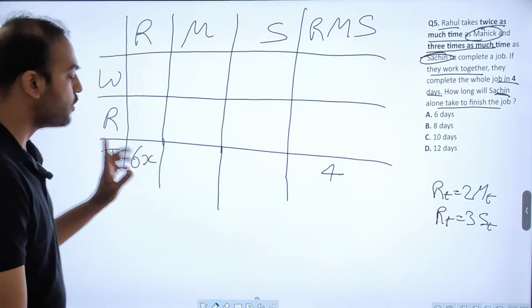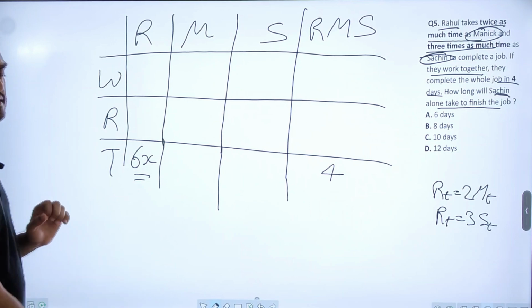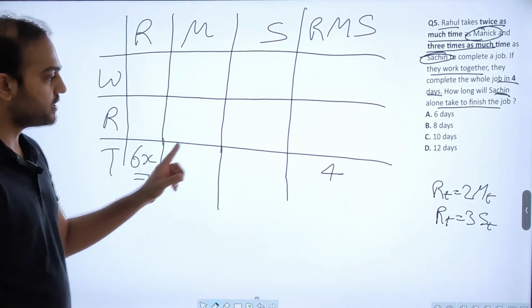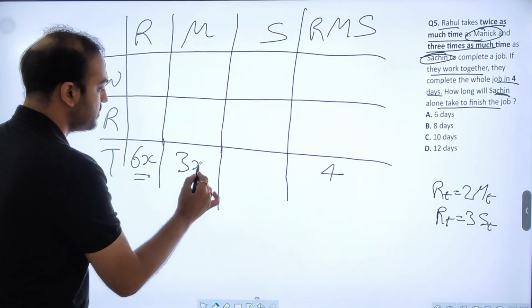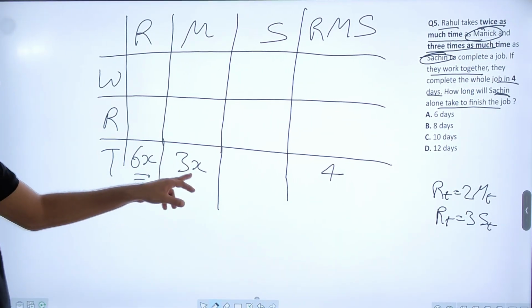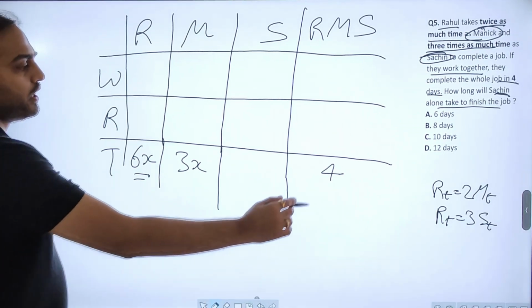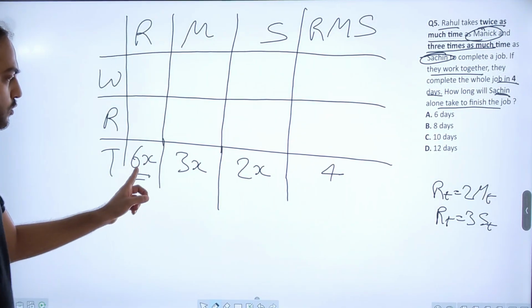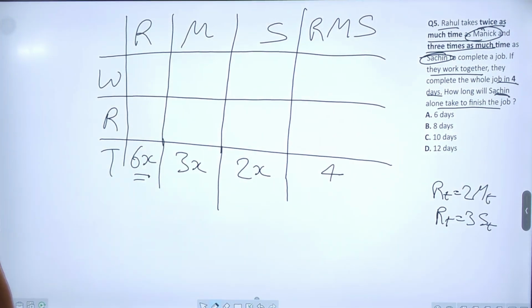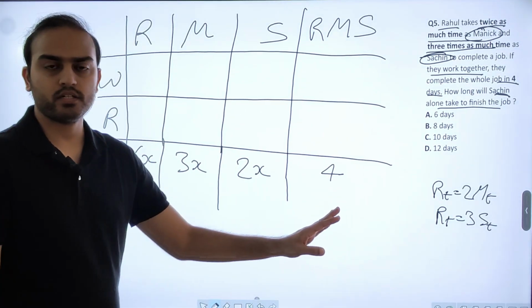So if I put this value here, I get Manik's time as 3x, since Rahul is 2 times of Manik, and Sachin's time will become 2x, since Rahul is 3 times of Sachin. Again I have my variables here.